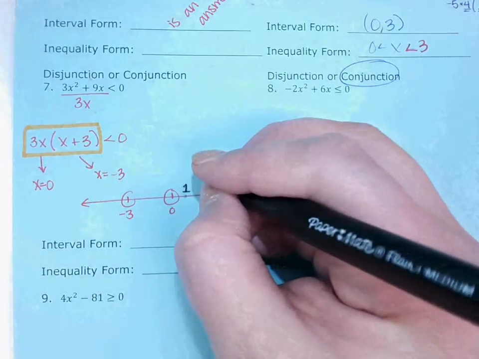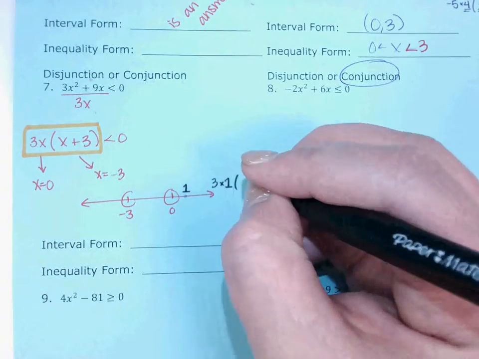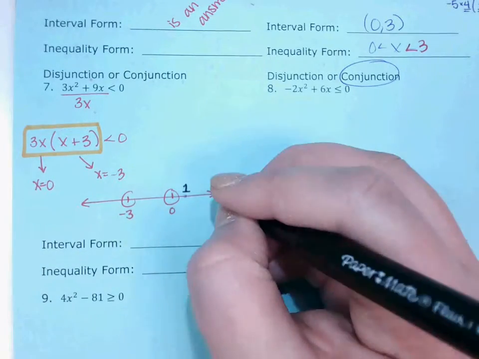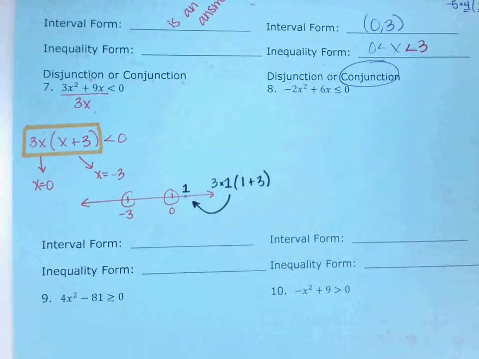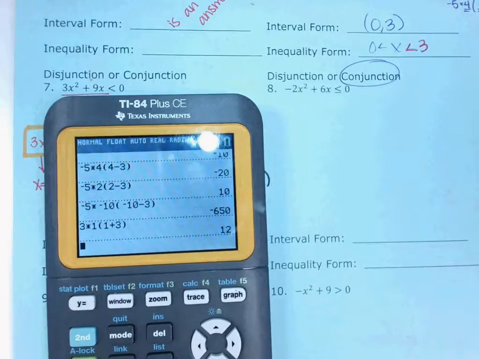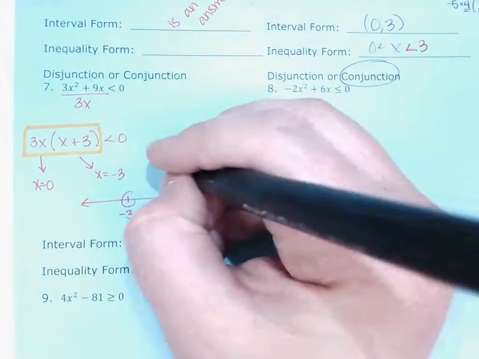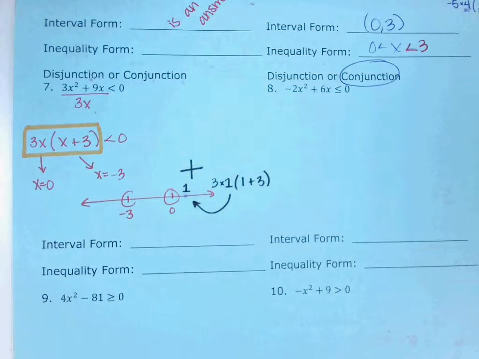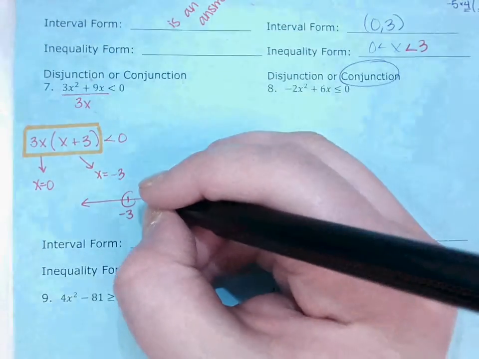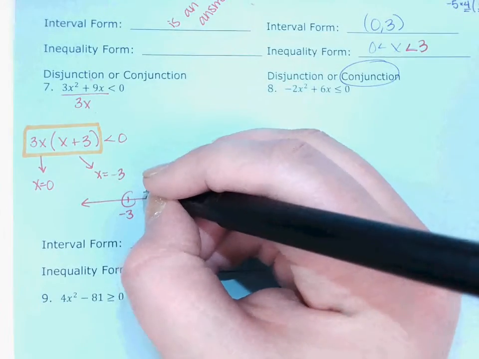So I'd have 3 times 1, 1 plus 3. And that's going to tell me what sign to put on that part of the equation. So I got positive 12, which means plus. Between negative 3 and 0, what could I pick? Negative what? 2, sounds good.